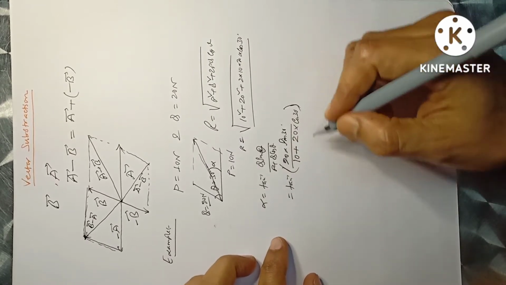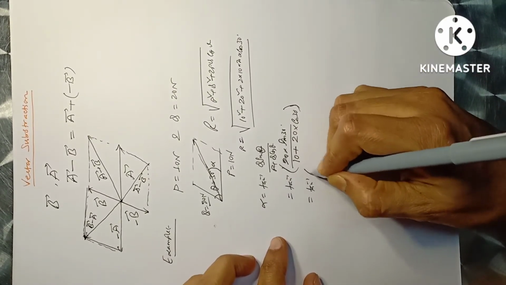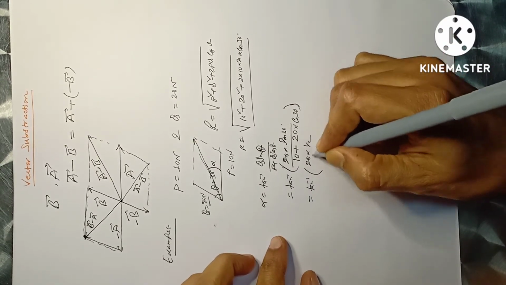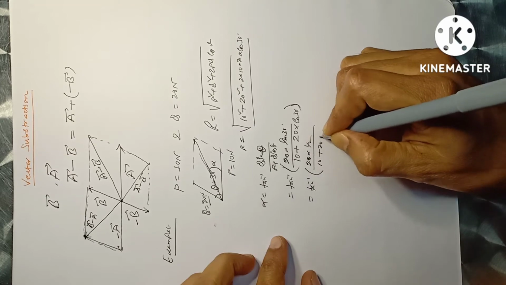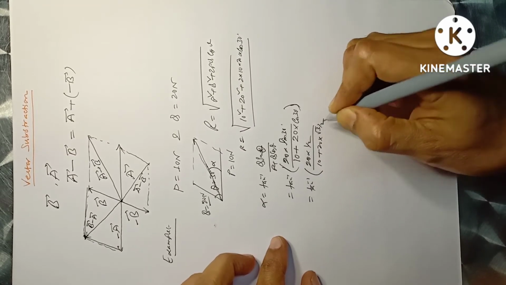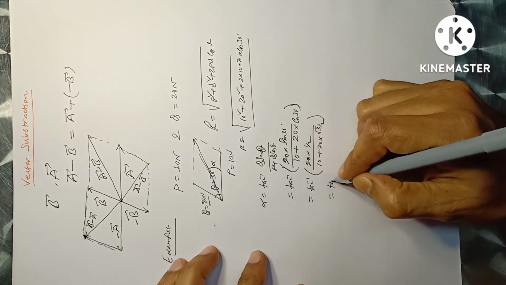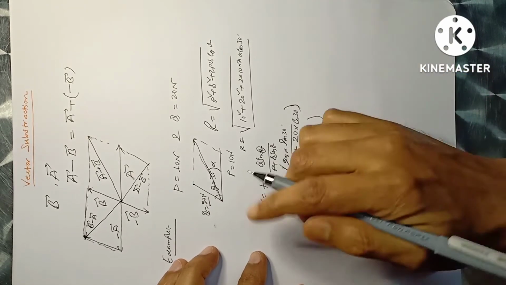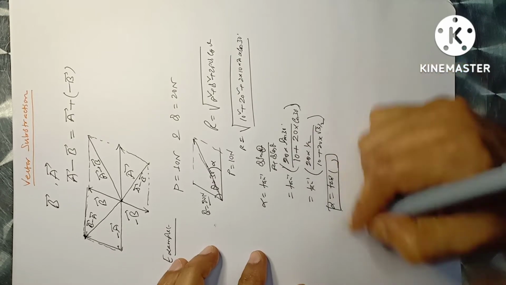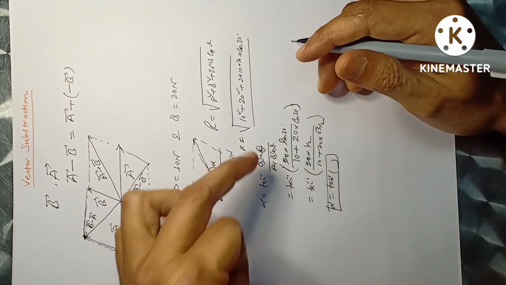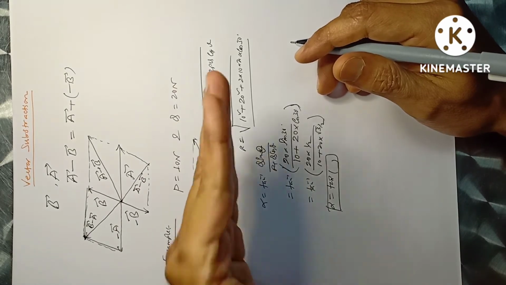By calculating, tan inverse of 20 into half divided by 10 plus 20 into root 3 by 2, we get the value, and also we get alpha. In this way we get the resultant vector and the angle it makes with P.